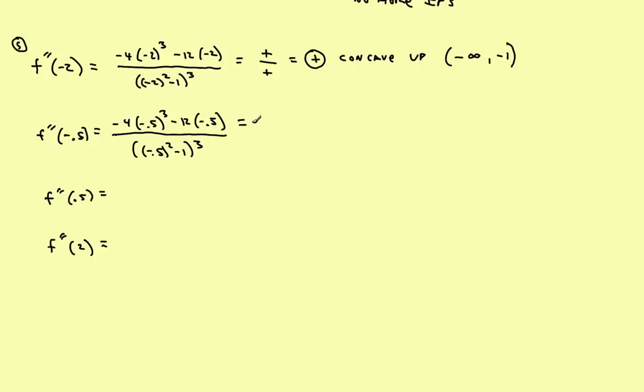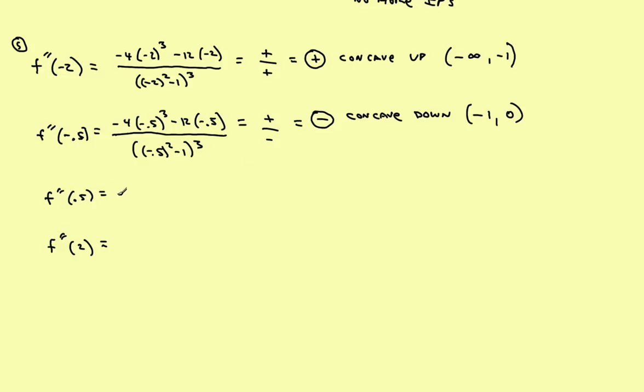And again, what this one's going to give you, then you'll have a positive in the top divided by a negative in the bottom, which will give you a negative, which tells you that it's concave down in this interval. Concave down. So it's going to be concave down in the interval from -1 to 0.